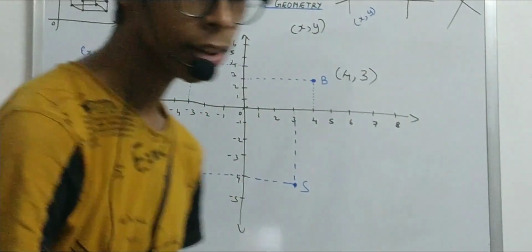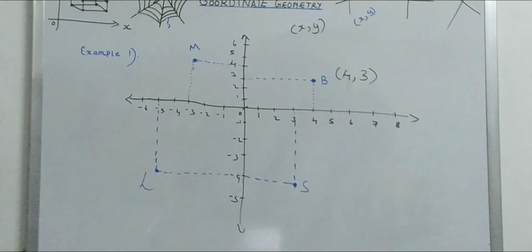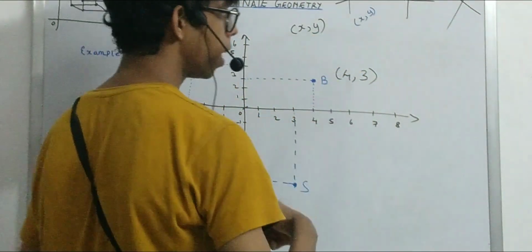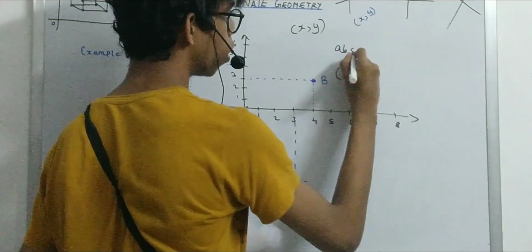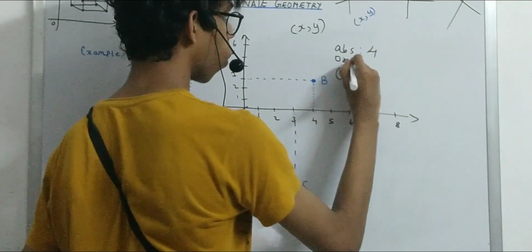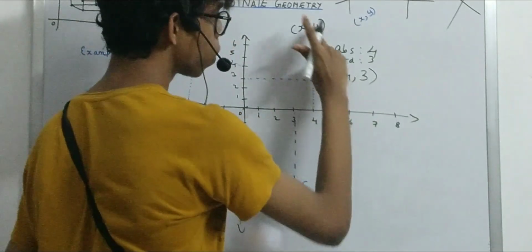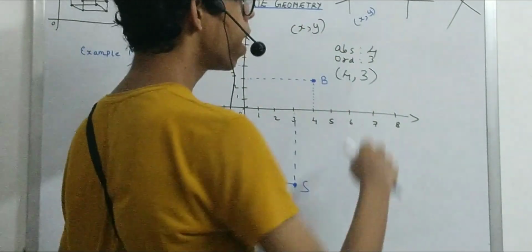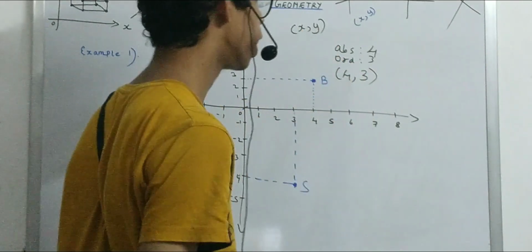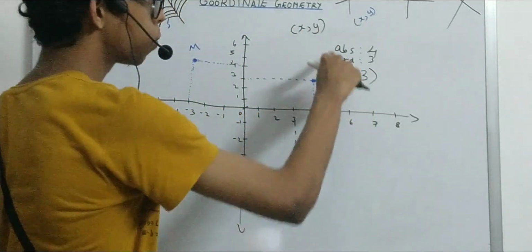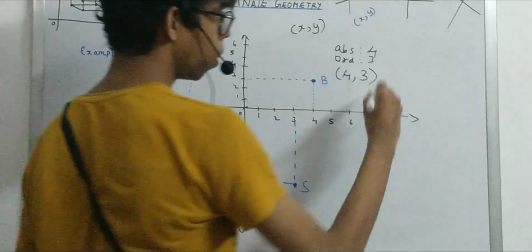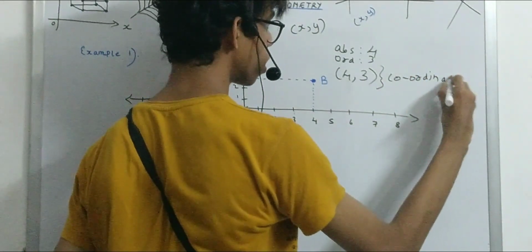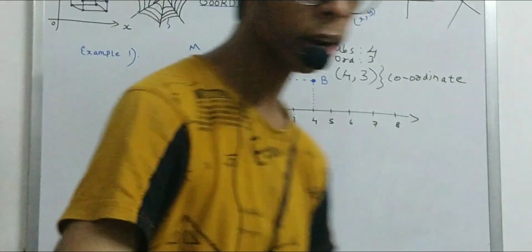In the question they have asked for the abscissa and the ordinate. So what will be the abscissa over here? The abscissa will be 4 and the ordinate will be 3, because whatever you write first, your x coordinate, is the abscissa, and the second, your y coordinate, is the ordinate, and this entire thing is called the coordinate.